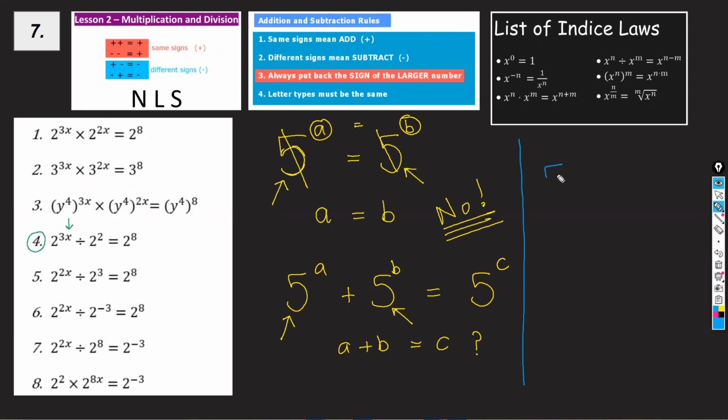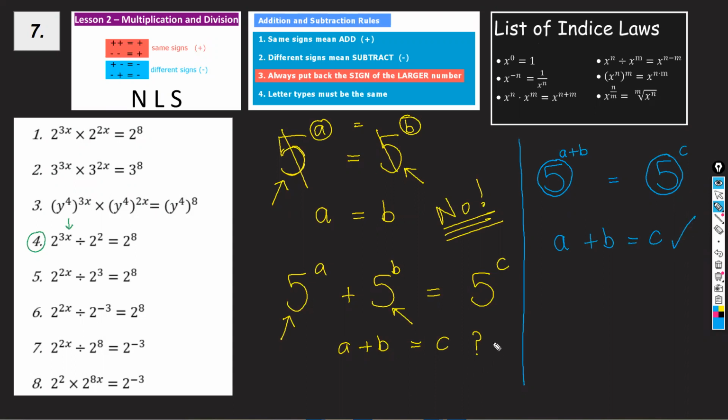If I had exactly 1 5 on this side, and exactly 1 5 on the other side, and then the power was a plus b, and this side was c. Notice you have exactly 1 base on this side, and exactly 1 base on the other, and the 2 of them are the same. In a case like that, then a plus b is equal to c.